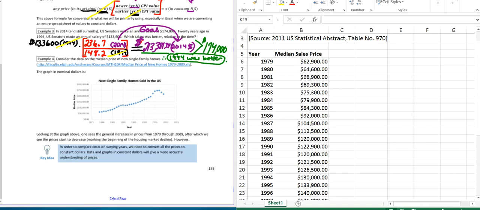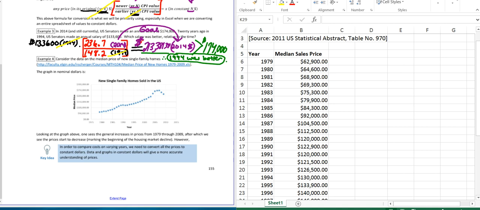So last time we talked about how to look at the varying, changing prices over time and use this concept of the consumer price index to convert prices into the same year.